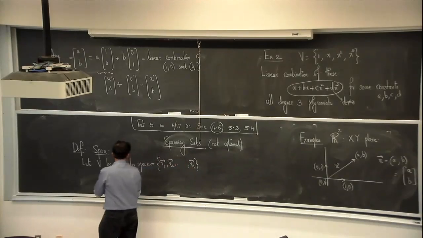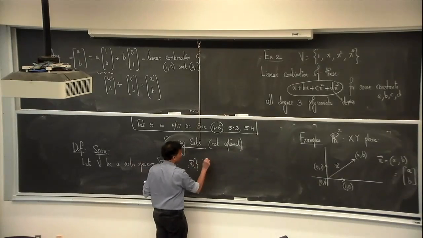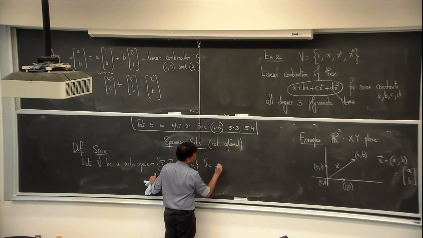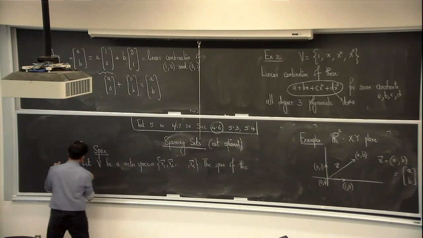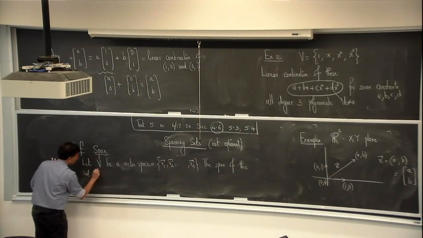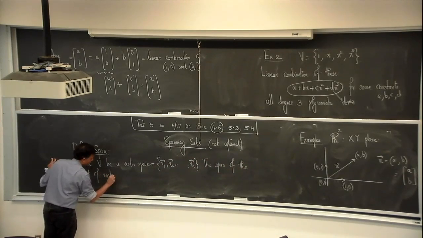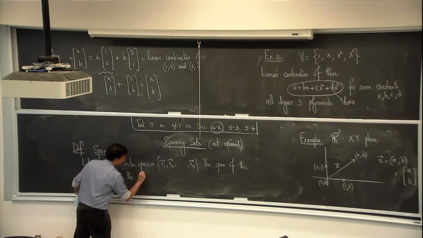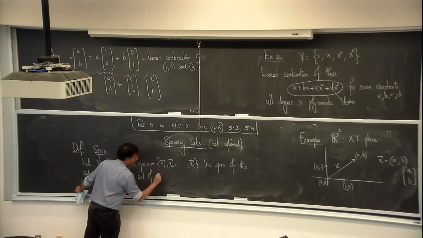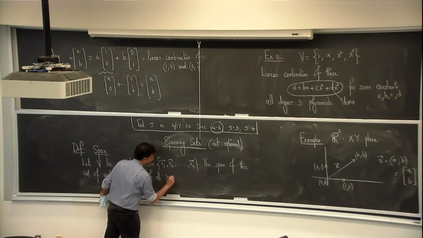Then the span of this set of vectors is the set of all possible linear combinations.